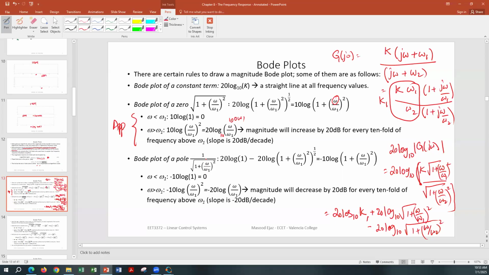The pole is going to be 0 until omega is equal to omega 2, and after that it decreases by negative 20 decibels per decade. And once you have these individual plots on the graph, you add all the values and you get your final Bode plot.